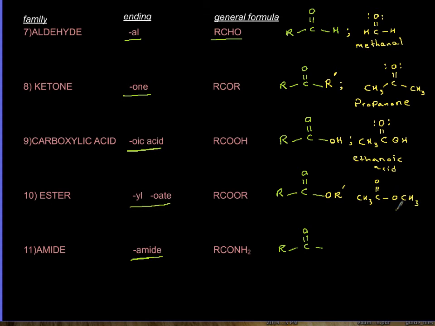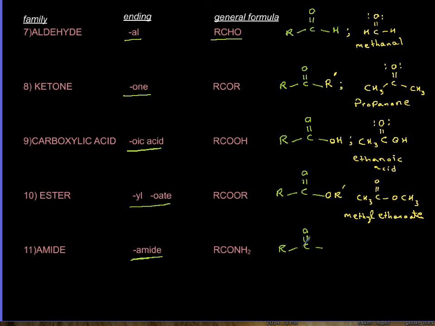Now this part is your alcohol, which is a methyl, and this part is your carboxylic acid, which was ethanoic acid. So this is methyl ethanoate. We get into their names a little bit more, and you need more practice on this. But it's a great byproduct of organic chemistry that you need to know.